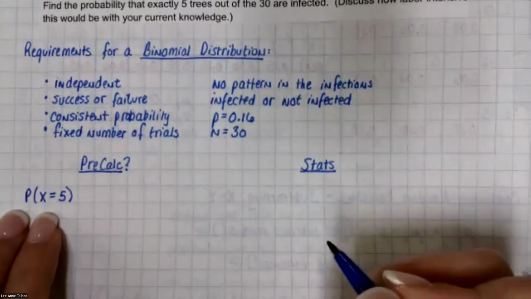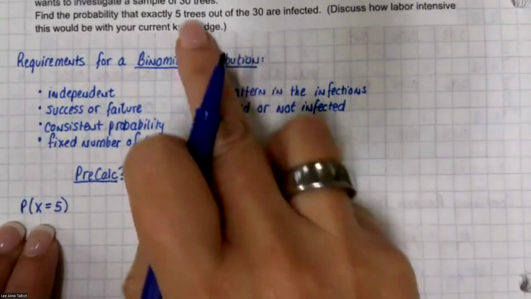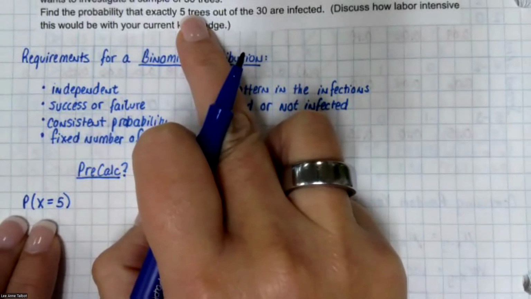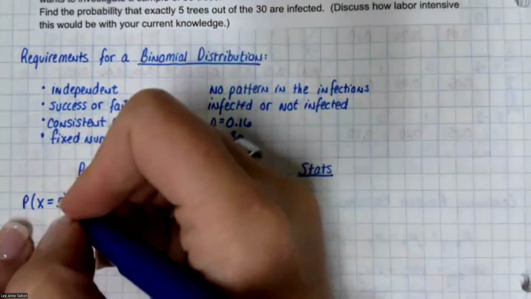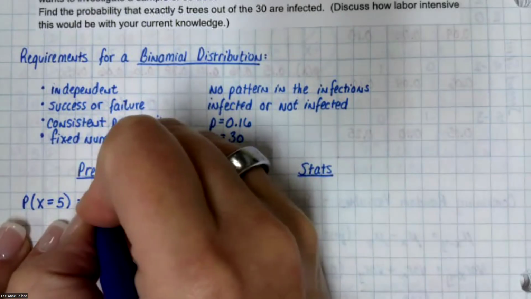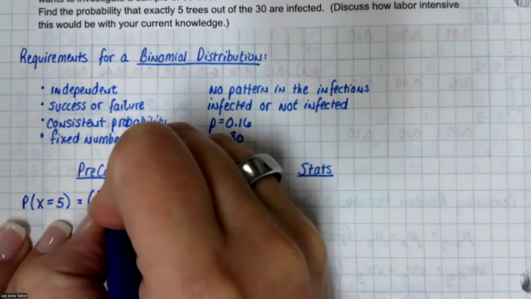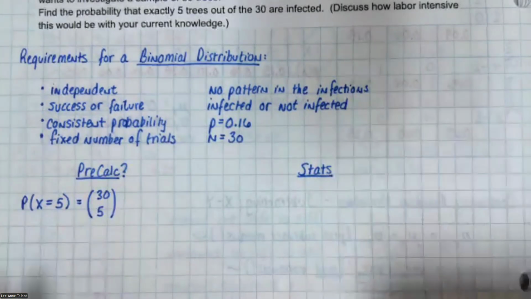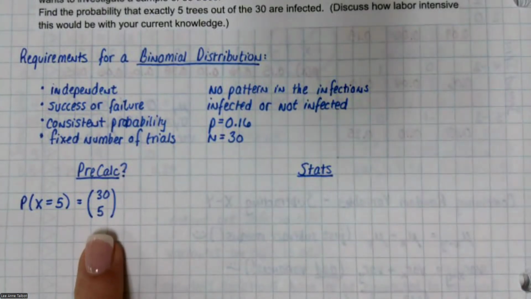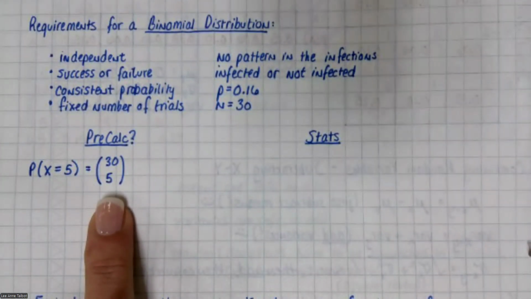So the probability that X is exactly 5 trees. Okay, and then it looks like this. Now, if you had me for math 3, or Miss Rice for math 3, we gave you a resource page in your packet last year and the year before that had a bunch of different Pascal's triangle representations in it.